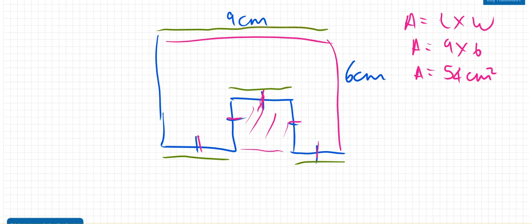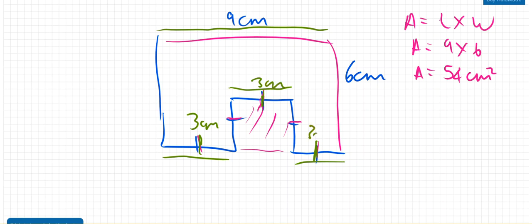Now, those lines are 3 parts. And because they are all equal, to work out the length of one, well, what's 9 divided by 3? 9 divided by 3 parts is just 3. So each one of these is 3 centimeters.